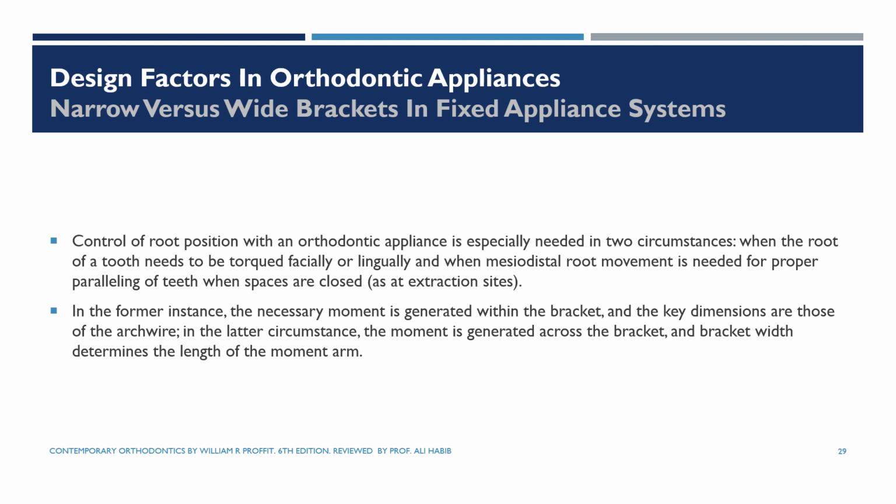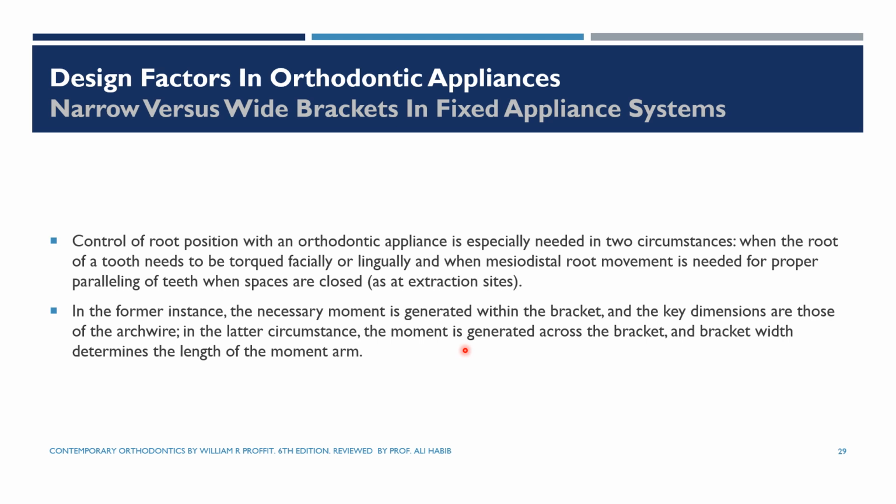So the force generated will depend mainly on the dimensions of the wire and on the bracket width. So for example, if you use a very small dimension wire like .016 in a .022 bracket size, then you expect to have a lot of tipping, because you will have a lot of play inside the bracket.